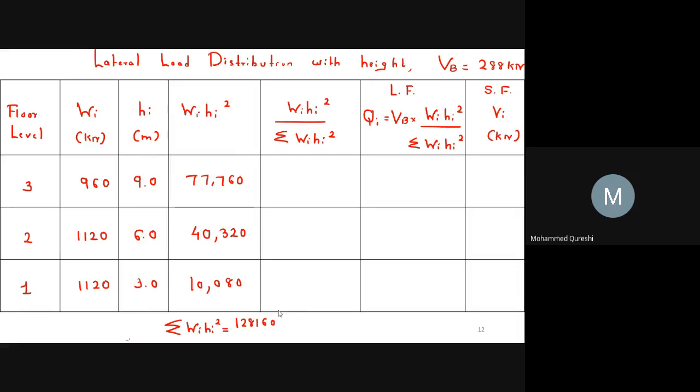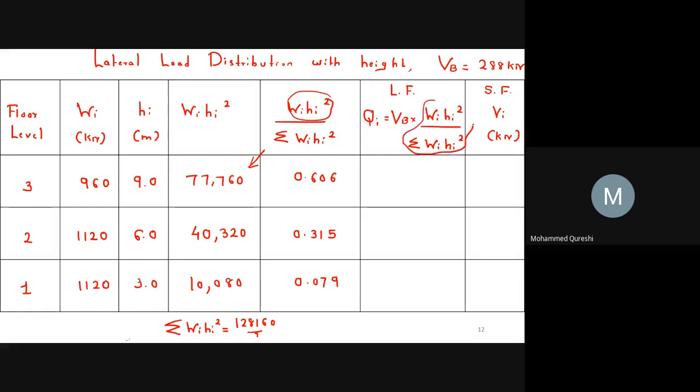So after putting both the values in numerator as well as denominator, you will get the value as 0.606 for third floor level, and 0.315 for second floor level, and for first floor level you will get the value as 0.079.